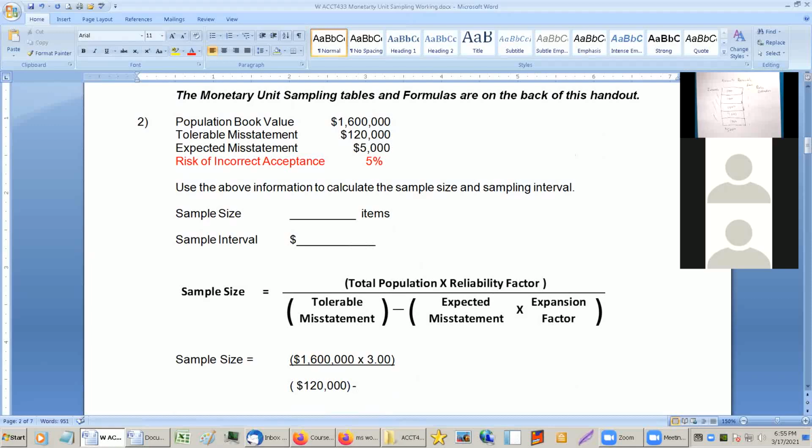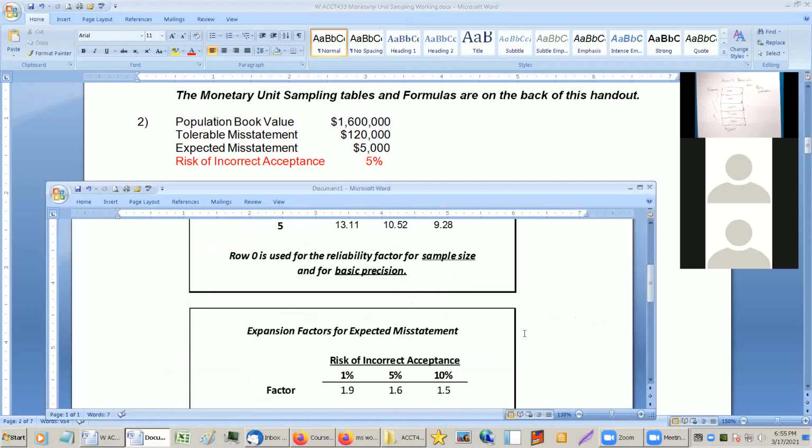Minus the expected misstatement. And this is maybe the statement you got last year, you know, how you come up with that. Times an expansion factor. Now the expansion factor, we go back down to the table underneath.